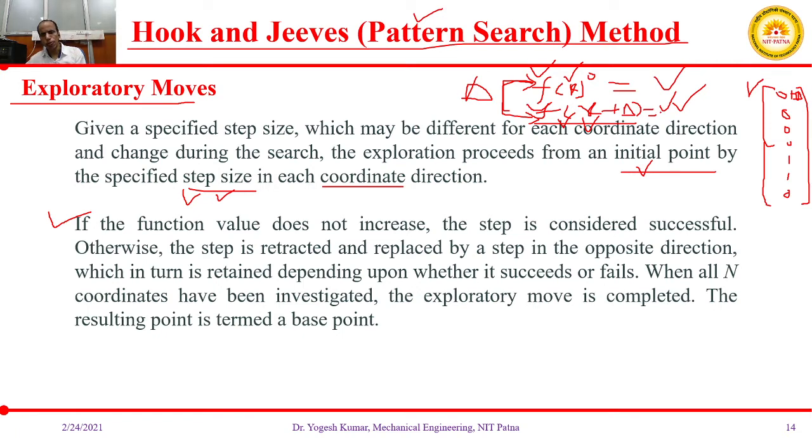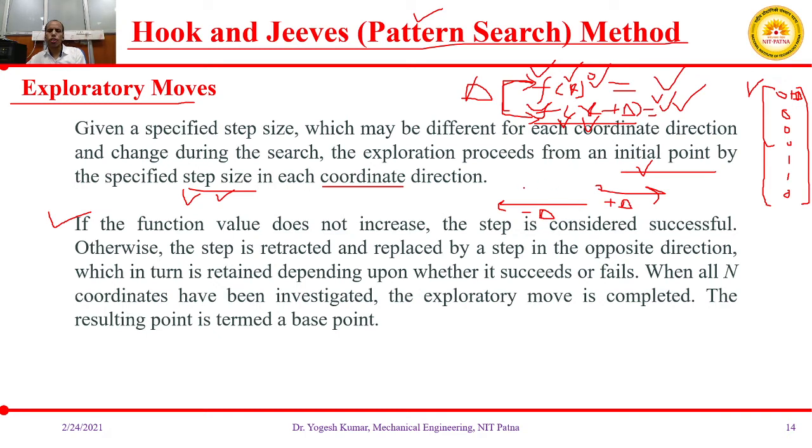Suppose it is not successful. Suppose f(x plus delta) is not less, it may be greater than the initial value of f(x). In that case we may reverse the direction. Instead of moving in this direction by giving the increment delta, we may like to move in the other direction, and we give the increment minus delta.